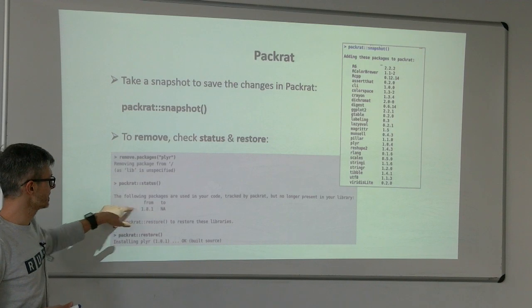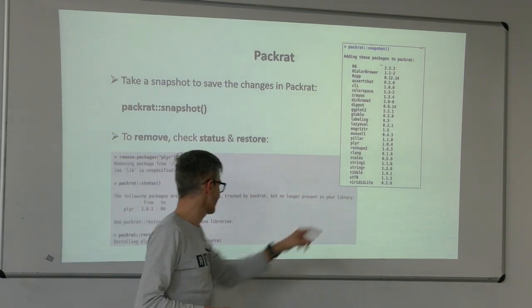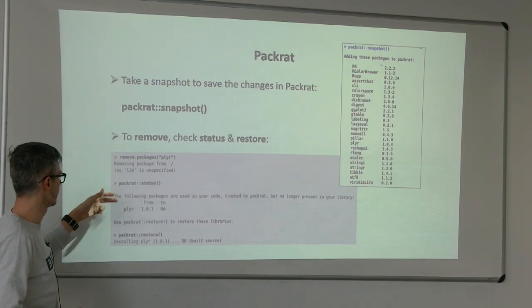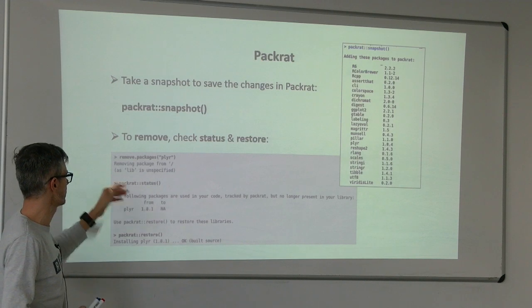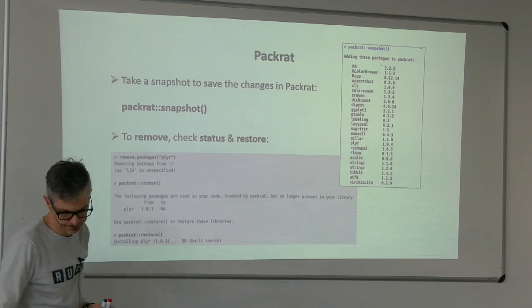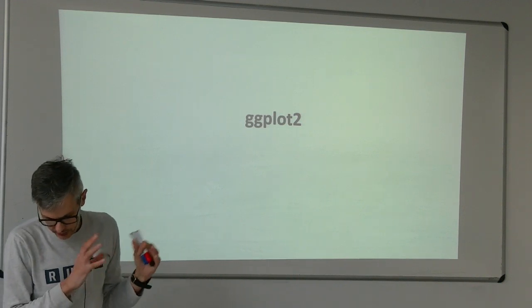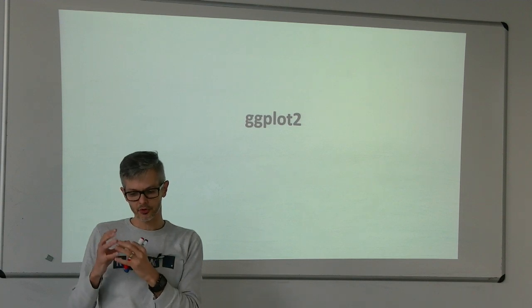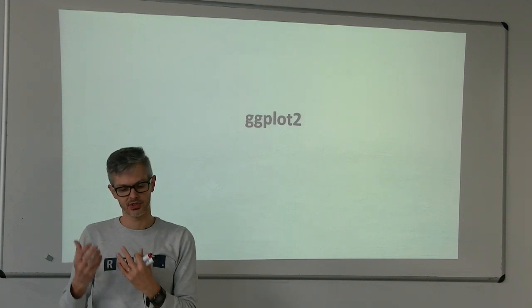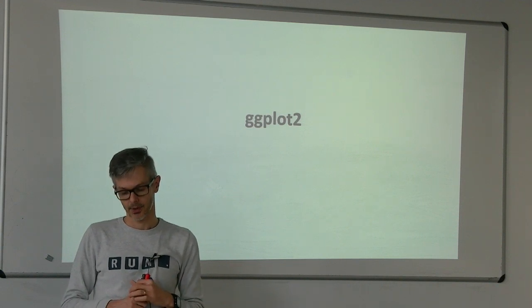For example, this one here you see is used in your code, tracked by Packrat, but no longer present in your library, and it can deal with this. This is when you run this command here that you will get this information. So if you want to freeze certain versions and have more control over an R script in combination with certain versions of packages, I would advise you to use Packrat.